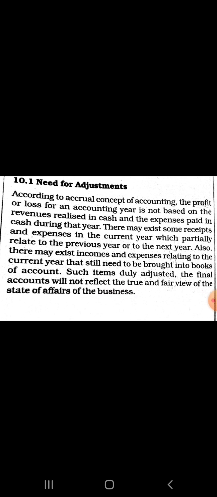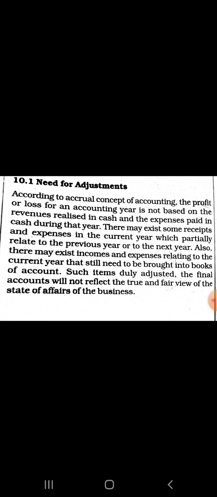According to accrual concept of accounting, the profit or loss for an accounting year is not based on the revenues realized in cash and the expenses paid in cash during that year. There may exist some receipts and expenses in the current year which particularly relate to the previous year or to the next year.